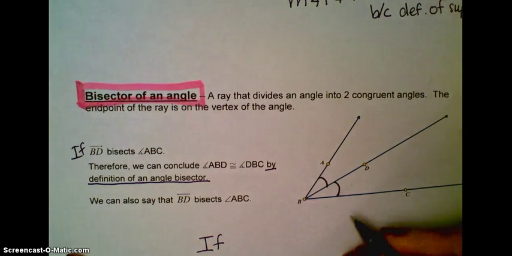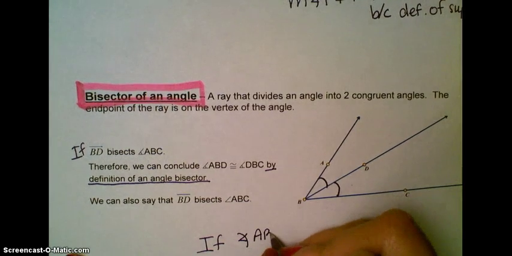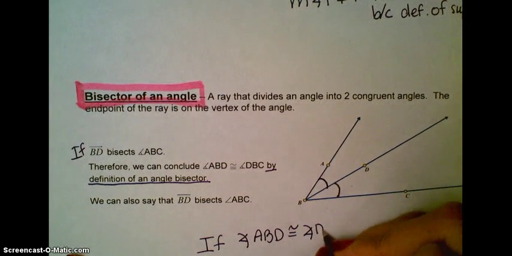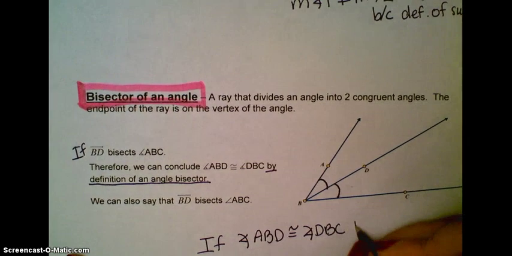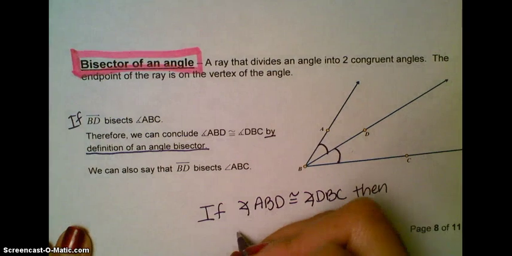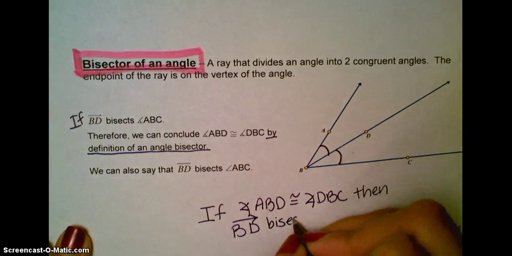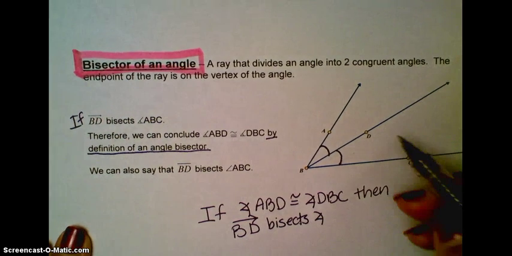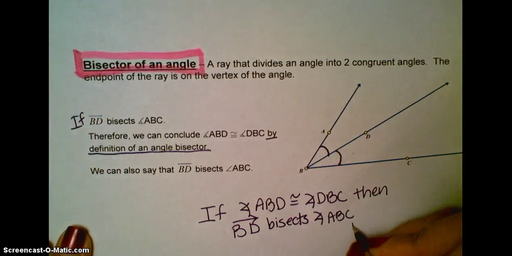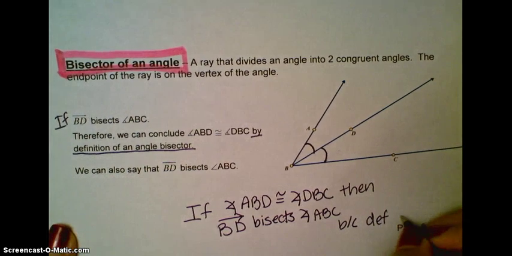If I told you that you had this picture and I said that angle ABD was congruent to angle DBC, then you could say that ray BD bisects angle ABC because of the definition of an angle bisector.